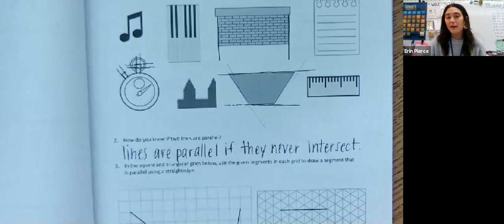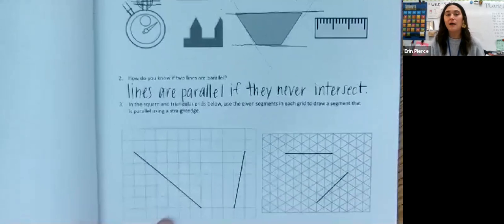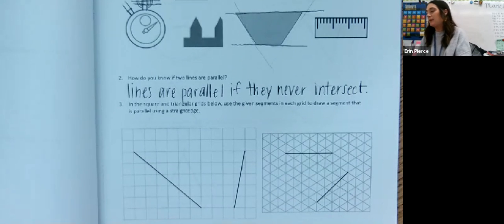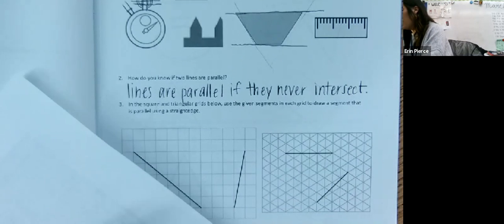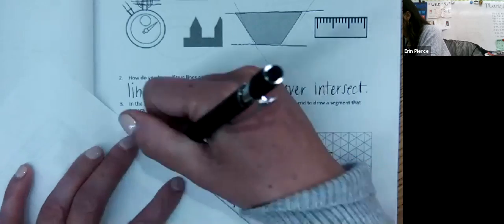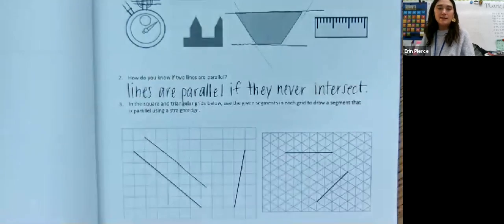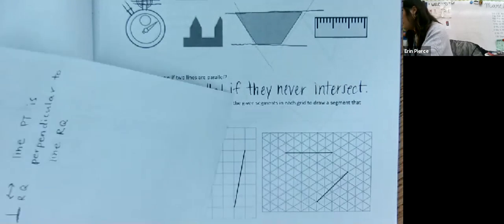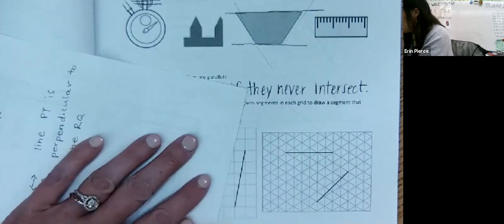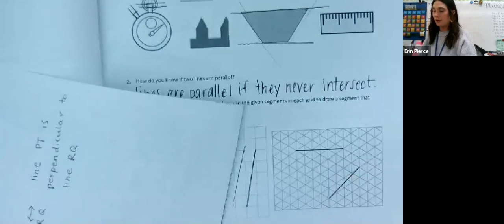In the square and triangular grids below, we're going to do the same thing that we did with the perpendicular lines, except now we're finding parallel. So you're going to use your paper again as a straight edge and try to draw some parallel lines. That one looks pretty parallel. It might be easier to draw a set of parallel lines if you draw them closer together.